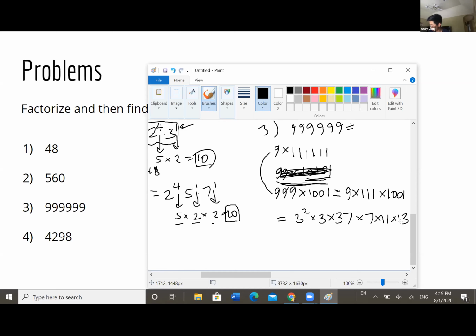If this is your first time seeing it, you can just remember that 111 is 3 times 37, and 1001 is 7 times 11 times 13. Cool. So grouping them together, I get 3 cubed times 7 times 11 times 13 times 37.